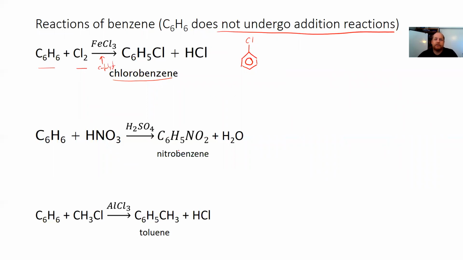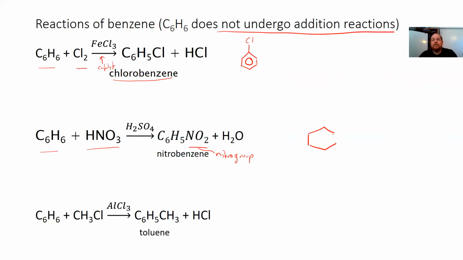You can also have a reaction of benzene with nitric acid in the presence of sulfuric acid, and that substitutes what's called a nitro group. A nitro group is a functional group, a group of atoms that has some measure of functionality to it, and that would produce nitrobenzene.